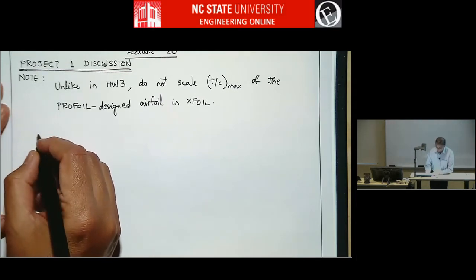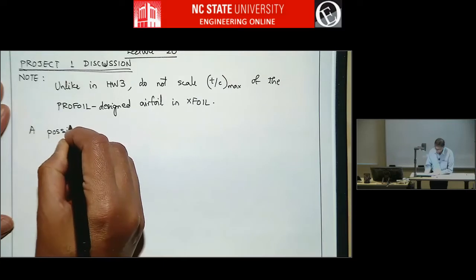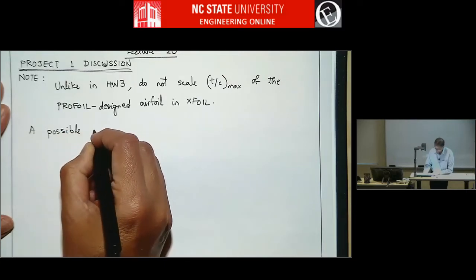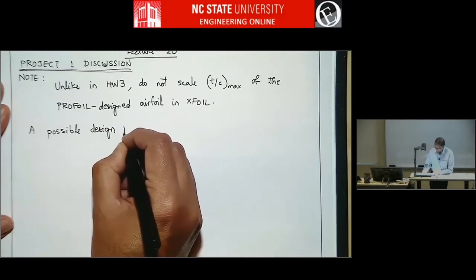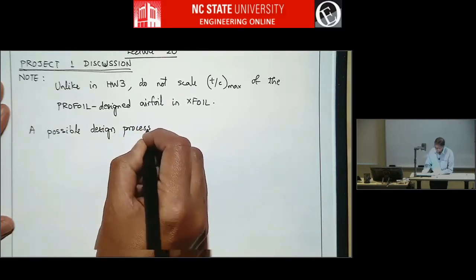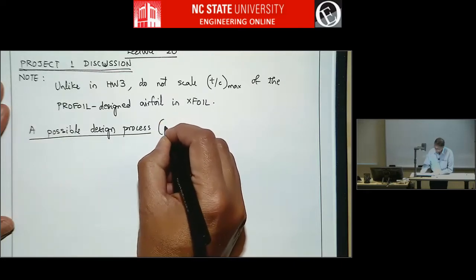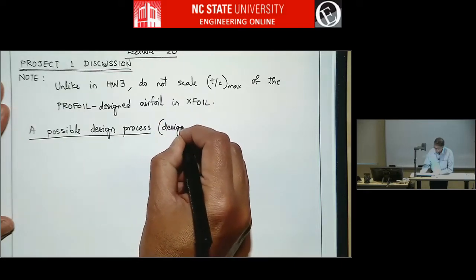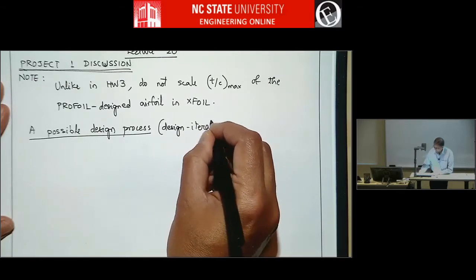Let's go through a possible design process. There is no one way to do this, but this is maybe one set of steps. You can call this a design iteration loop.